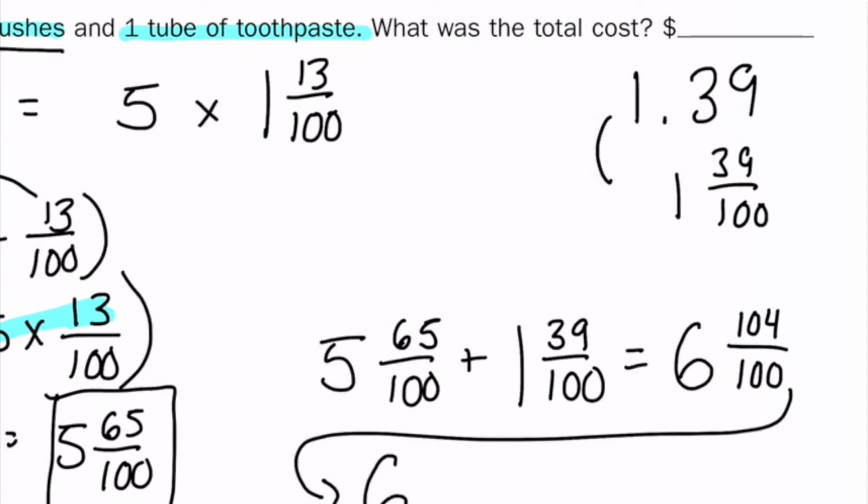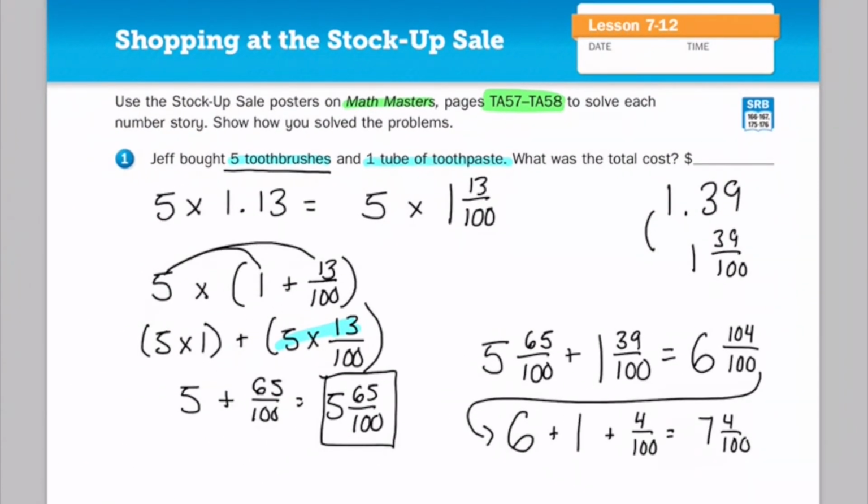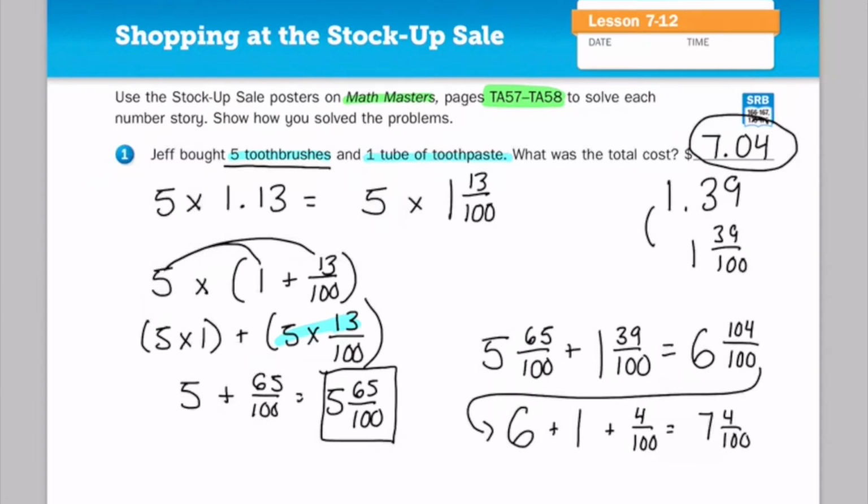I'm going to leave the 6, and take out a whole, which is 100/100, and I'm left with 4/100. If you add that all together, you get 7 and 4/100. If I were to write that as a decimal, it would be $7.04. So that is the total cost of 5 toothbrushes and 1 tube of toothpaste. Okay, let's look at number 2.